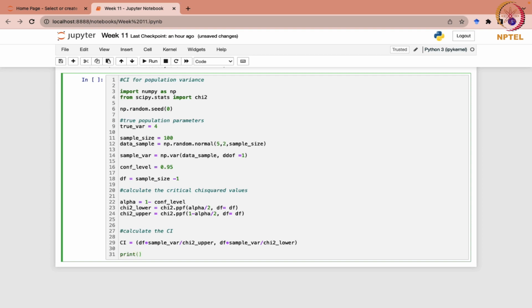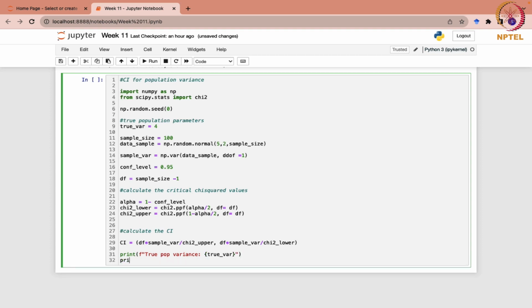So let us see what will be the true population variance. That we have taken as true var, I think, yes. That was 4 for us.